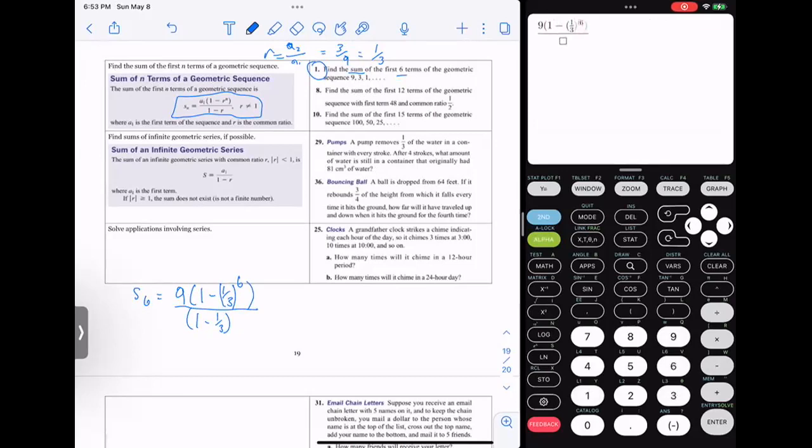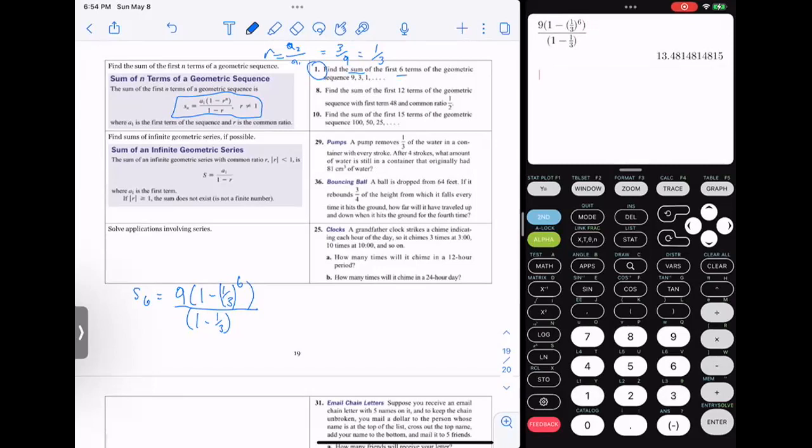To the 6th, all over 1 minus 1/3. That's going to give us 13.4814, etc.